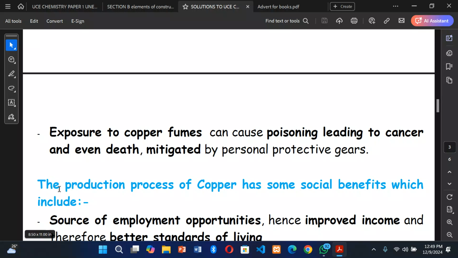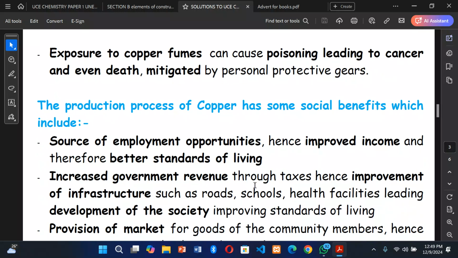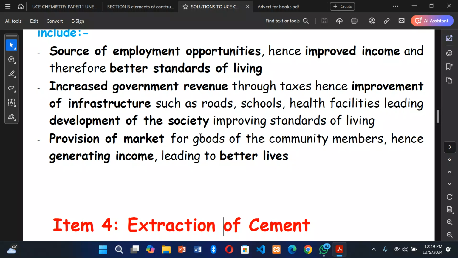Lastly, we talk about the production process of copper having some social benefits. So we also need to talk about the social benefits. And for the reason of revision, I've put the 3 points, but you can include only one in your paper. Only one, but the one you know very well.